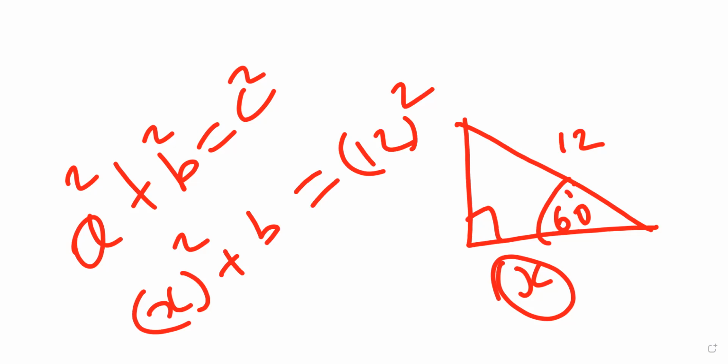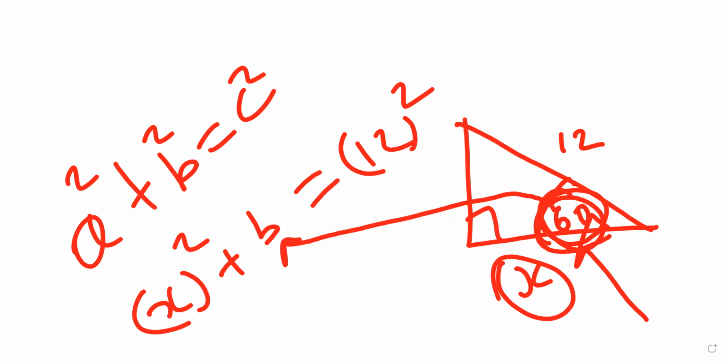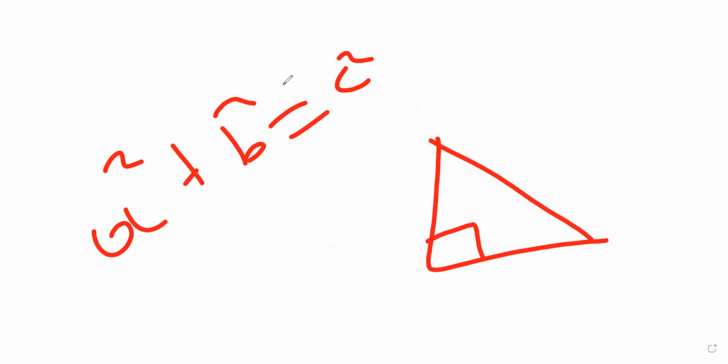We could not take 60 degrees and put it there, because this should be assigned only to a trig function that, when you plug it into the calculator, gives you a value or a figure. So the Pythagorean theorem cannot be used to solve for a missing side or an angle when you have a right angle triangle that has a reference angle in it. So what's the difference between the two? The Pythagorean theorem is only used to solve right angle triangles that have no reference angle.